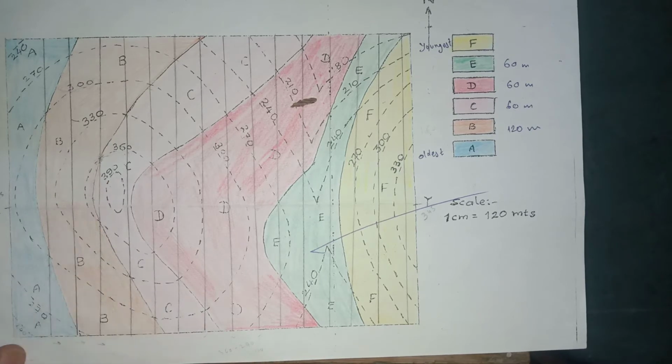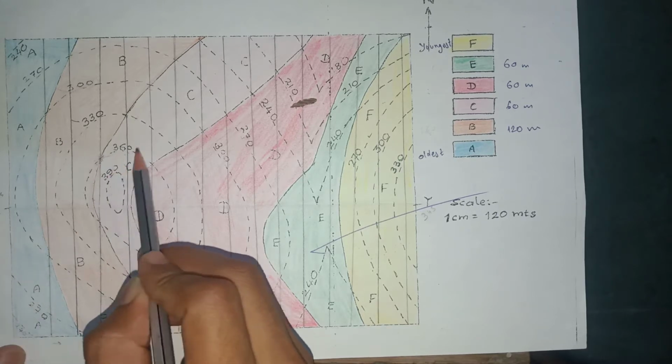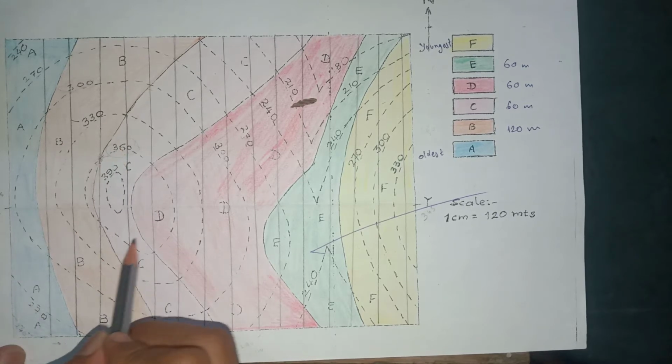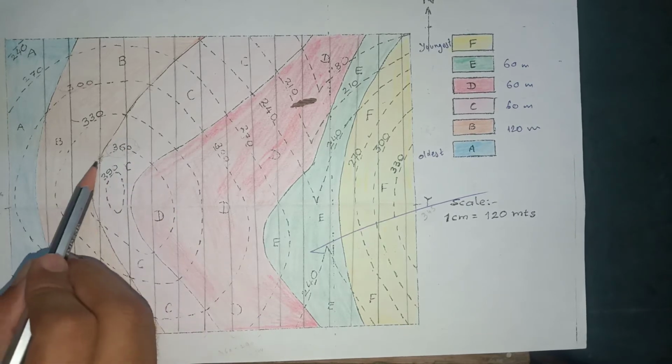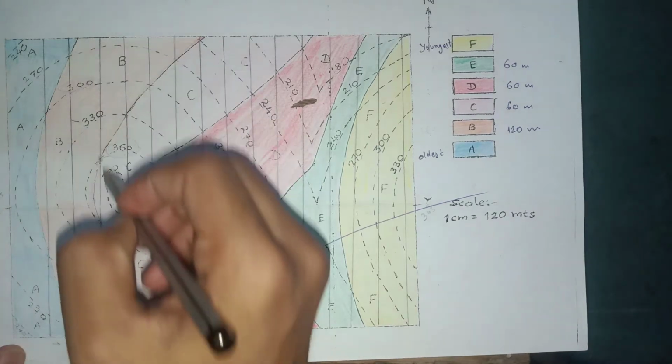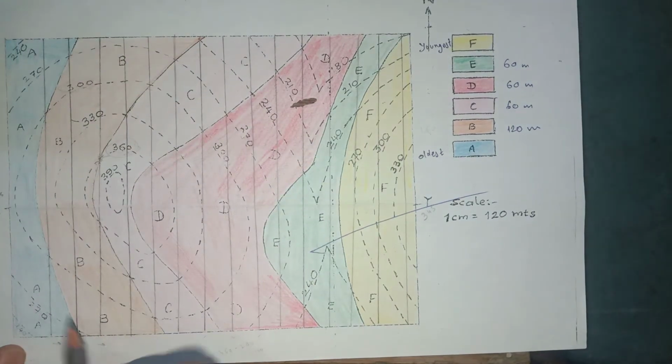The same contour value is necessary to cut this continuous line to draw a straight line. Now this is 360, and here it is also 360, the contour line cutting this continuous line at 2 points, this and this. So draw a straight line.